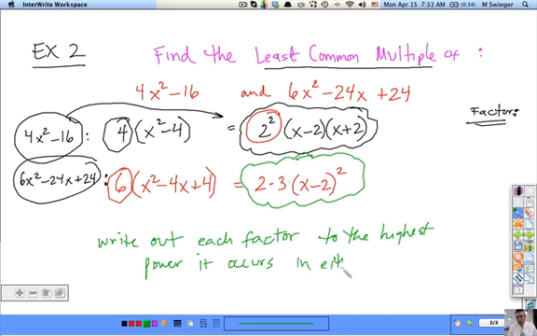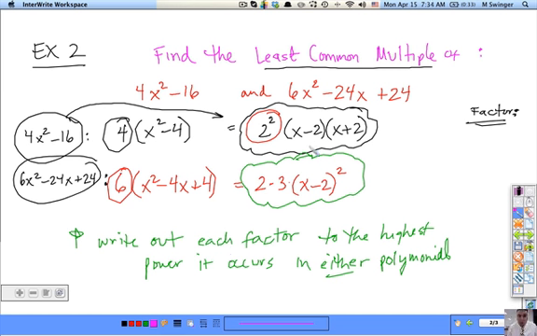So either one, you just pick the highest one. Now, watch me do this, okay? So part 1, write out each factor to the highest power it occurs.